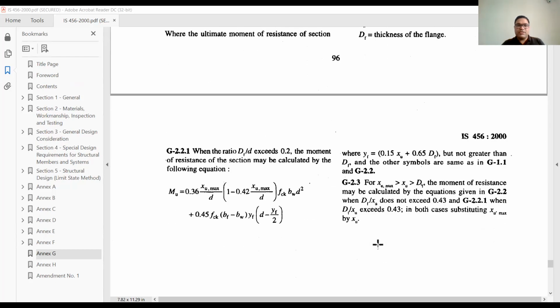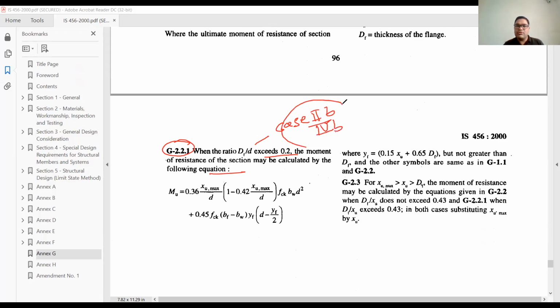Going to the next page, this says that when DF by D ratio exceeds 0.2, the moment of resistance of the section may be calculated by the following equation. So when DF by D ratio exceeds 0.2, this is case 2B and case 4B.